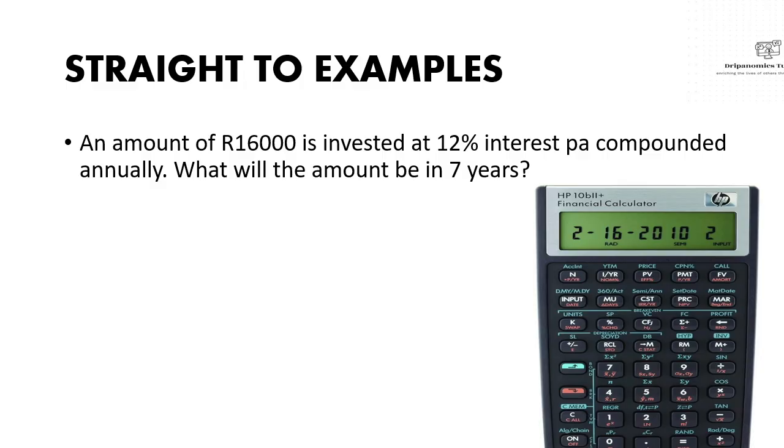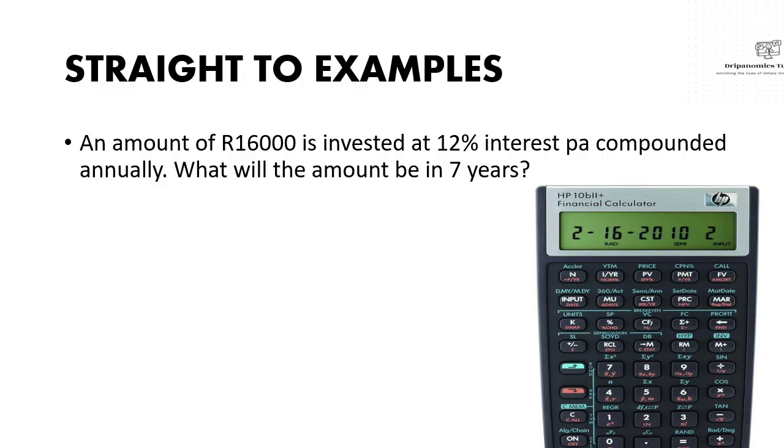It is the current amount that is in the bank, the amount in the present. So it is your present value. Whenever you see that you invested an amount, you know that that's the present value.